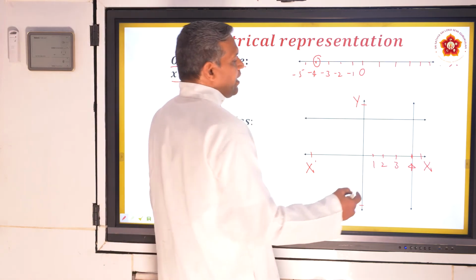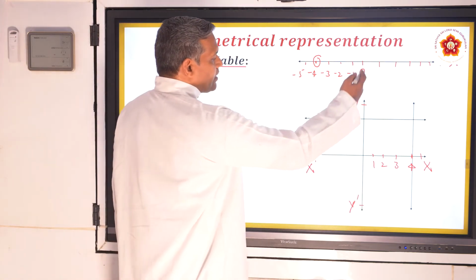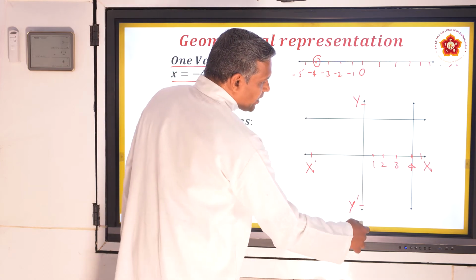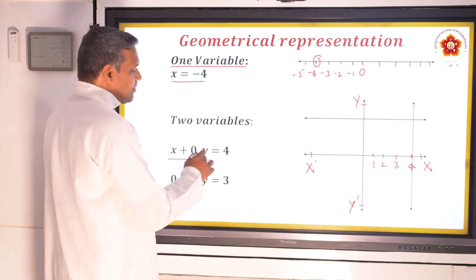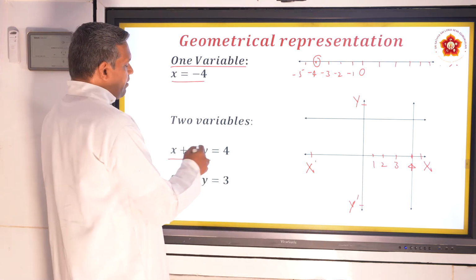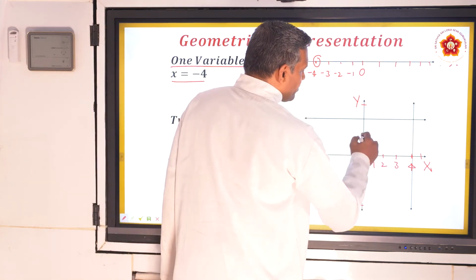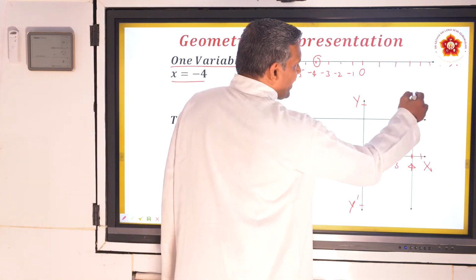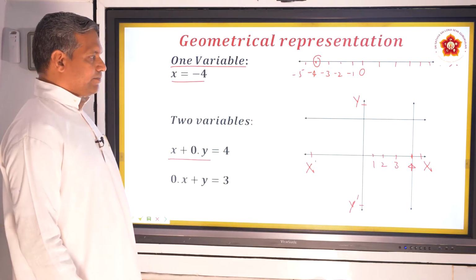Y actually can have any value: 1, 2, 3, 4, 5, 6, 7, 8, minus 1, minus 2, minus 3, minus 4, and so on. But when you multiply that with a 0, you always get x equals 4. That means the value of x is always 4. If you count 4 centimeters away from the y-axis, you get a line.